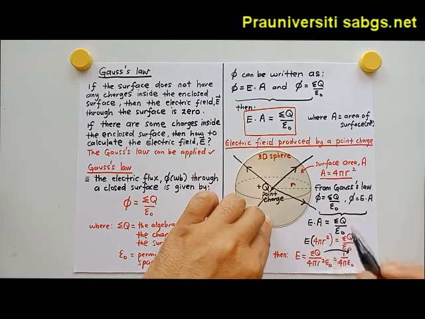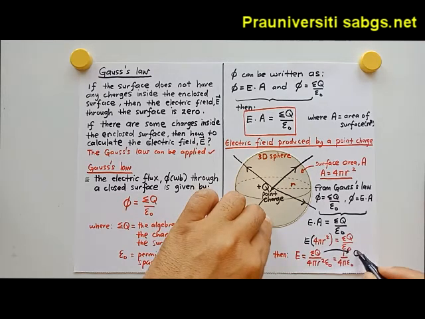Because we have only one charge, the total of Q is equal to Q, over r squared.